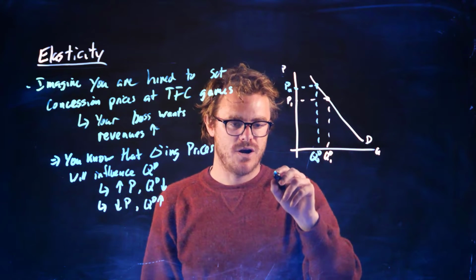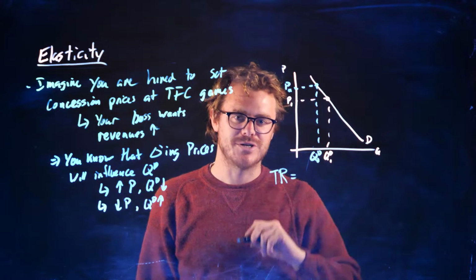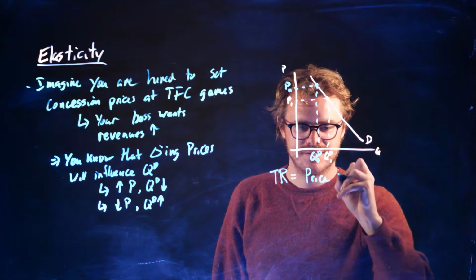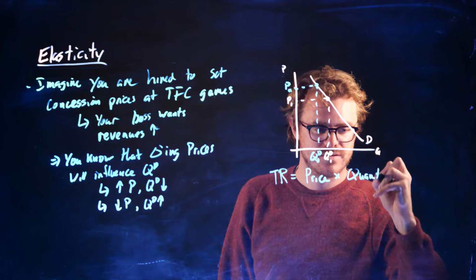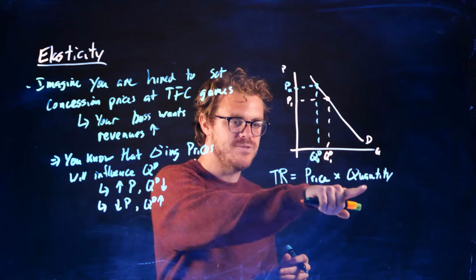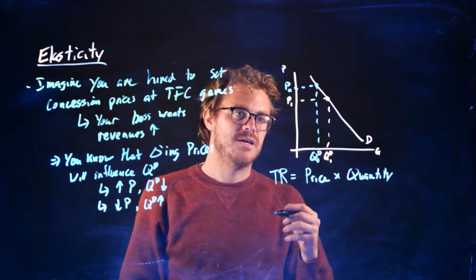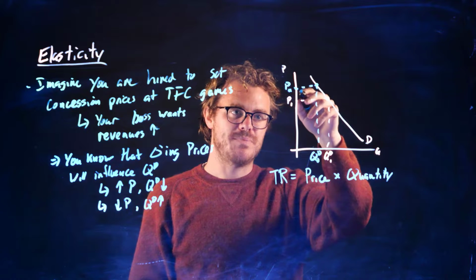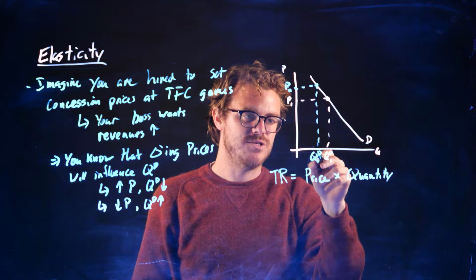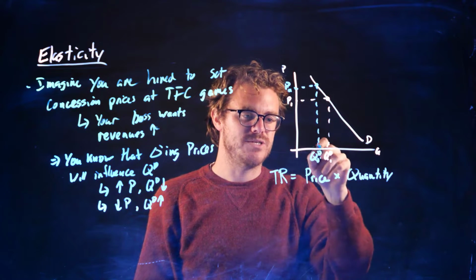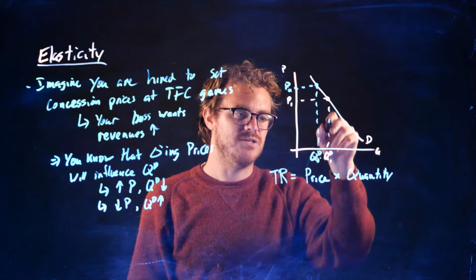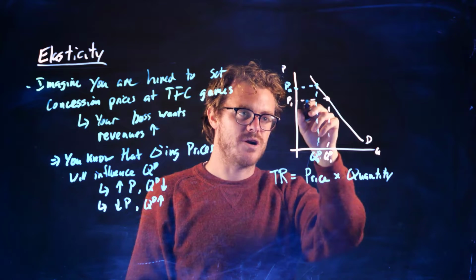And our total revenue is price times quantity. I hope that makes sense. The revenue that you bring in is how many you sell times the price. For P2, it's going to be this big rectangle: price P2 times Q2D would be this amount of revenue. And it's going to be this orange rectangle if it was the lower price.